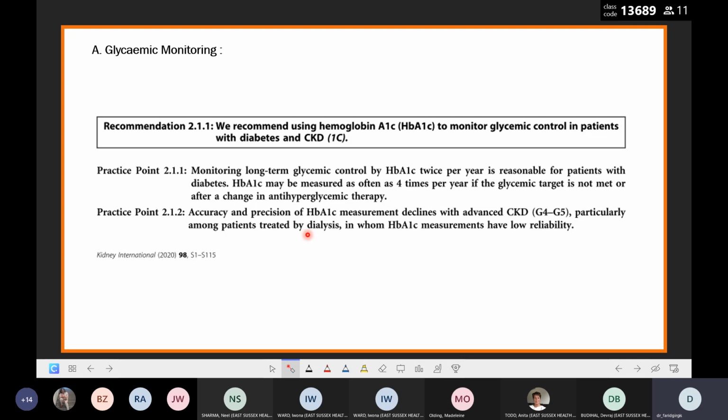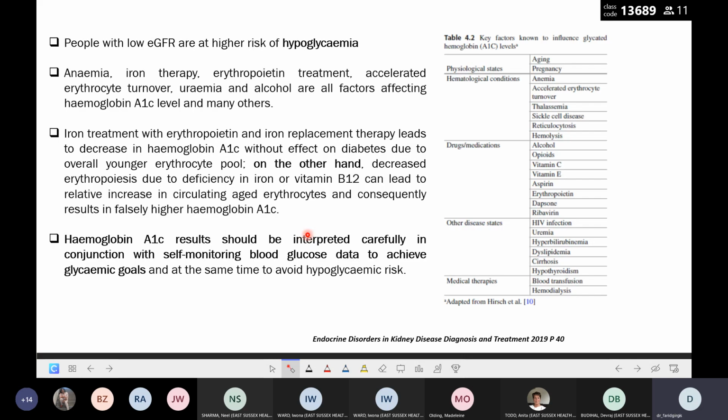But here we have a problem actually with hemoglobin A1C in patients with chronic kidney disease. What is it? Usually, patients with chronic kidney disease, especially advanced cases like chronic kidney disease stage 4 and 5, are under management of anemia with iron therapy and erythropoietin treatment, and this leads to accelerated erythrocyte turnover.